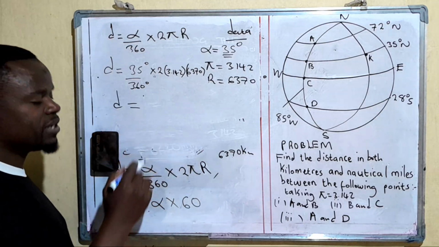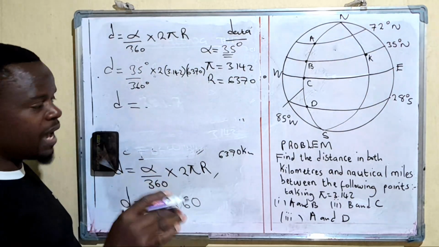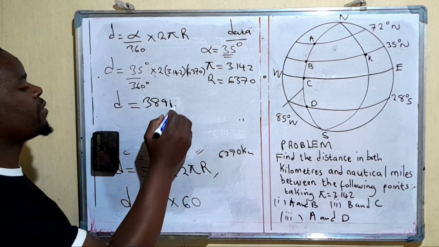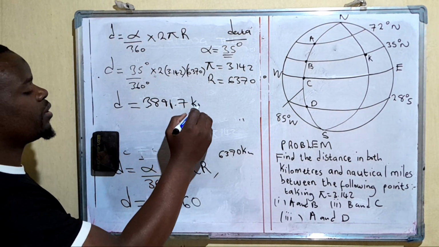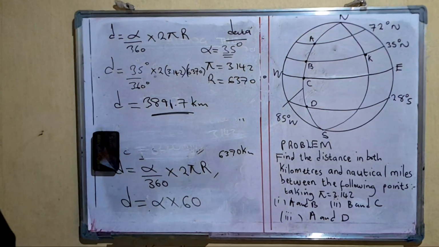Distance, therefore, when you punch these on the calculator, the answer will be 3891.7 kilometers. So this is the distance in kilometers.